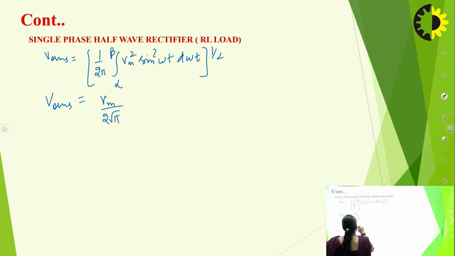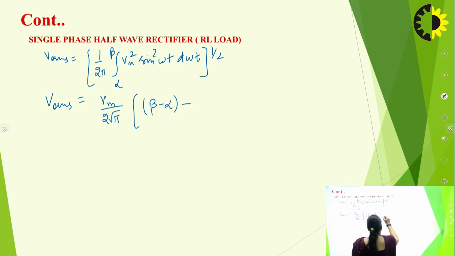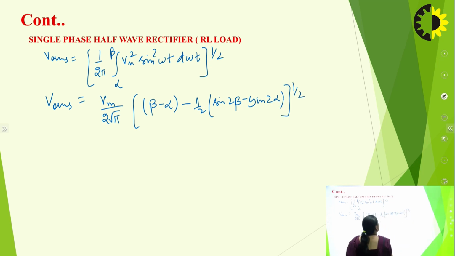It will be Vm upon 2 root pi, times beta minus alpha plus 1 by 2 sin twice beta minus sin twice alpha, raised to the power 1 by 2, will be the value of the V naught RMS here.